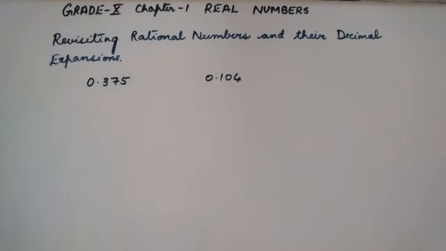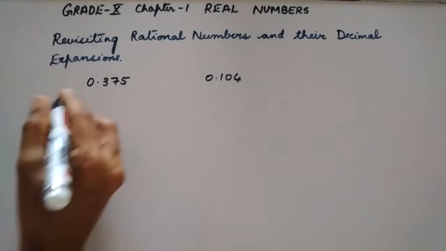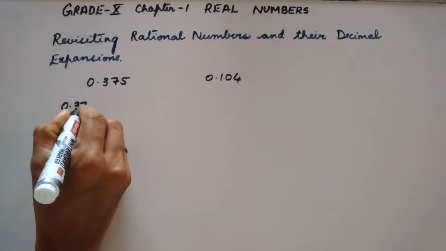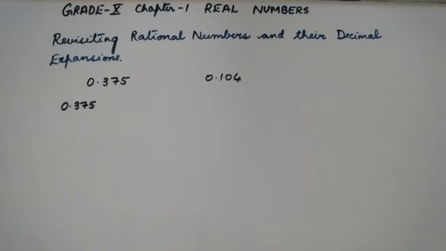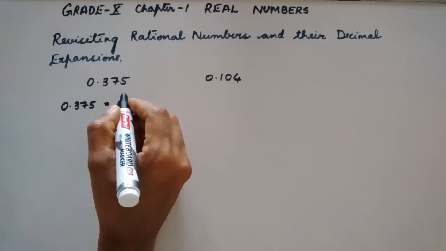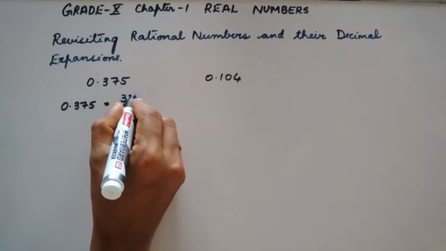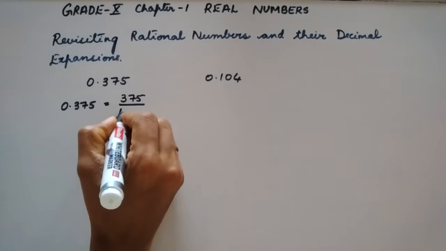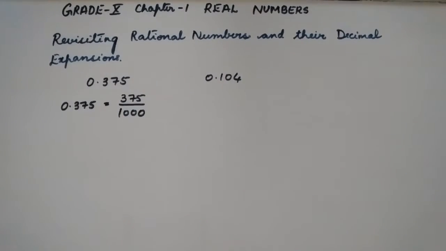Now these are the decimal numbers. 0.375 can be represented in the form p by q as 375 by 1000.